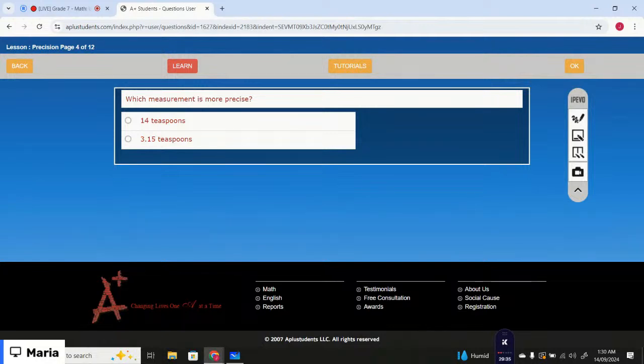Which measurement is more precise, 14 teaspoons or 3.15 teaspoons? The correct option is 3.15 teaspoons, it is more precise, right?